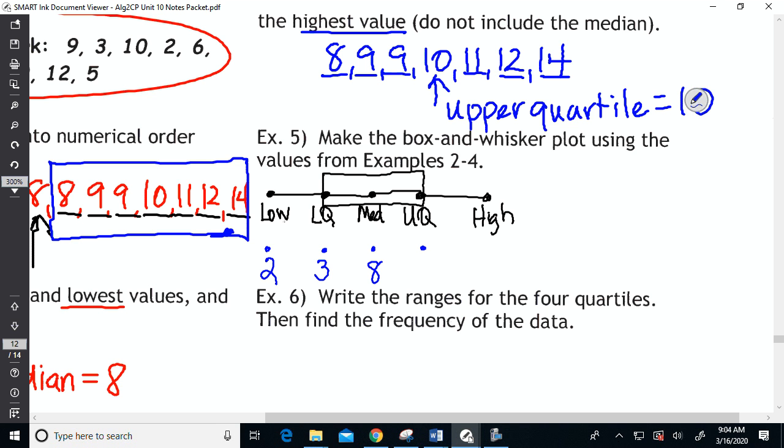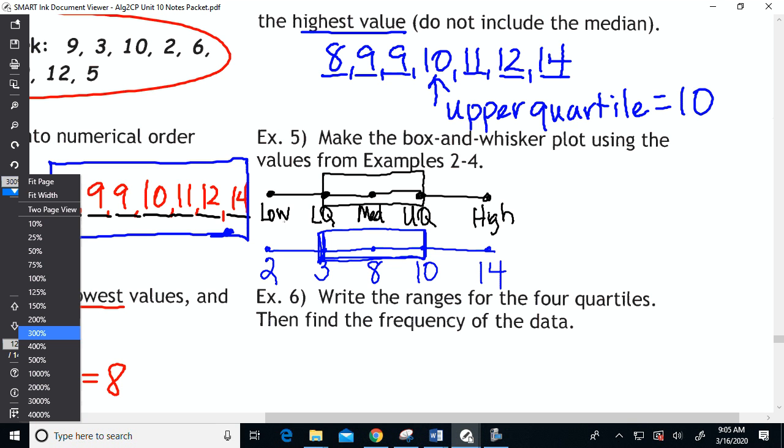Our upper quartile was 10. And our highest value was 14. So there's our values. Connect them all with one straight line, and then we put a box around the lower quartile, the median, and the upper quartile. So there's your box and whisker plot. So we took the data, made a box and whisker plot out of it.